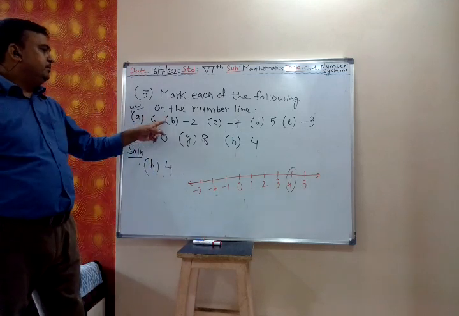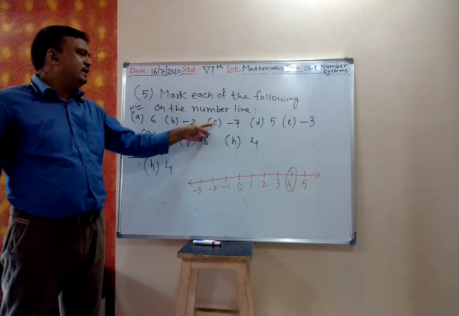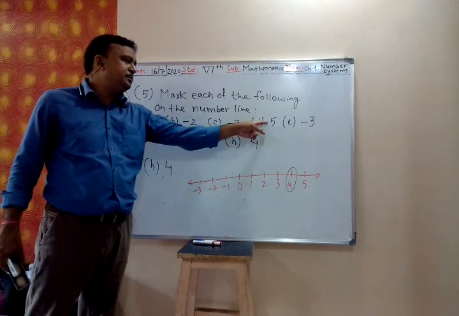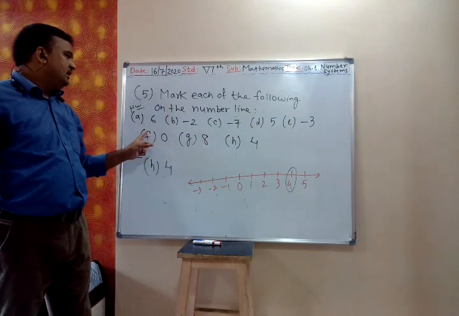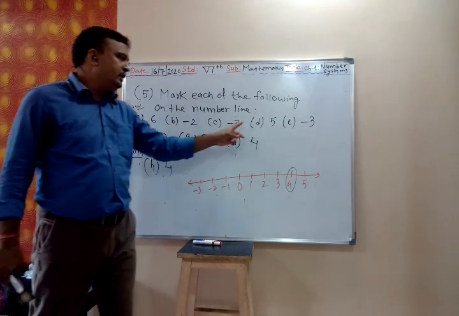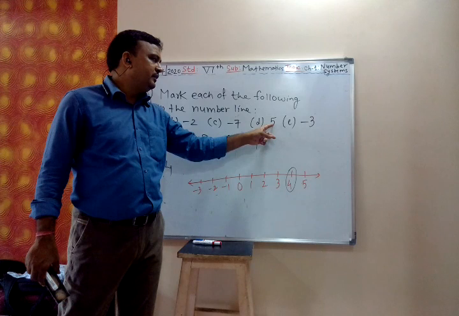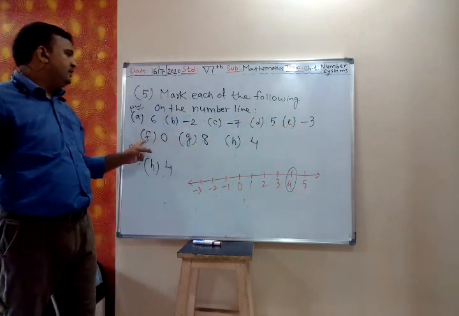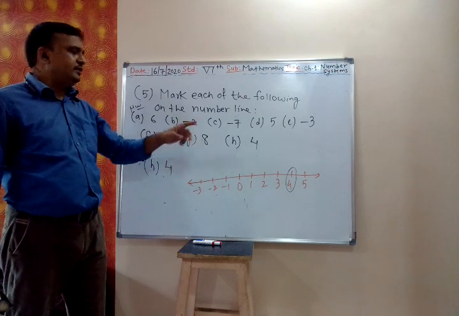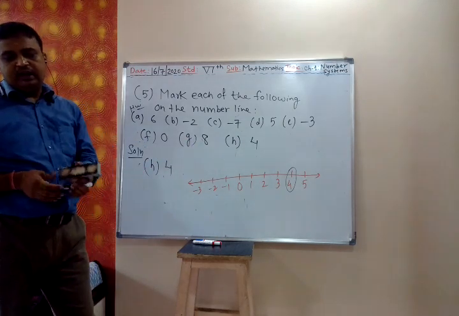A is 6, B is -2, C is -7, D is +5, E is -3, F is 0, G is 8, and H is 4.